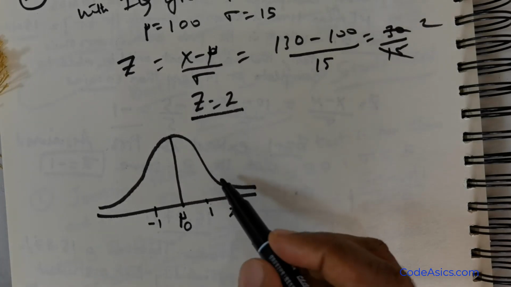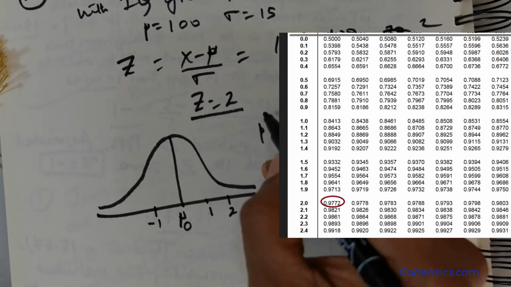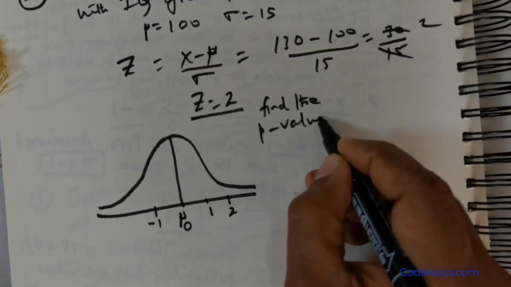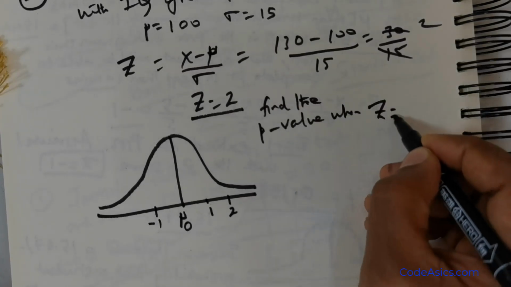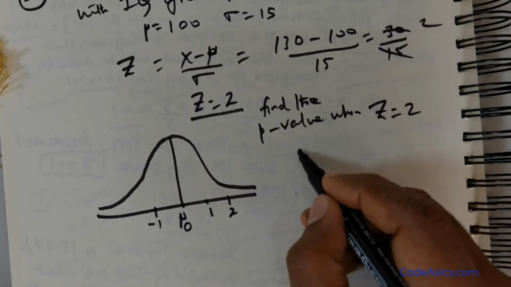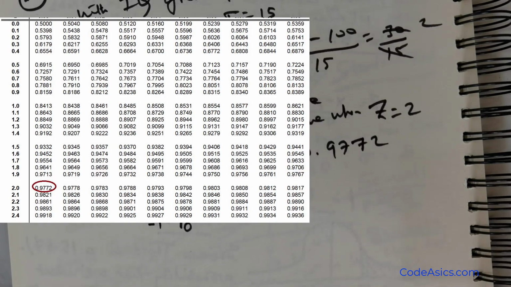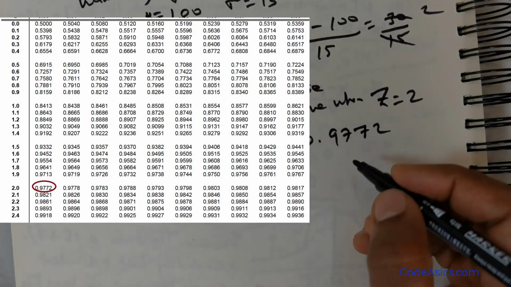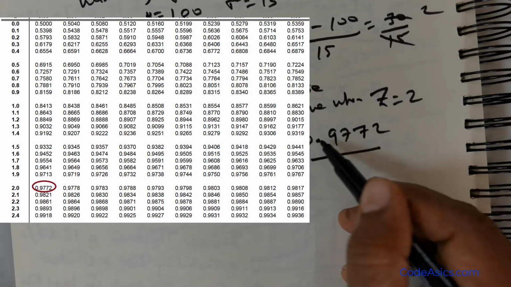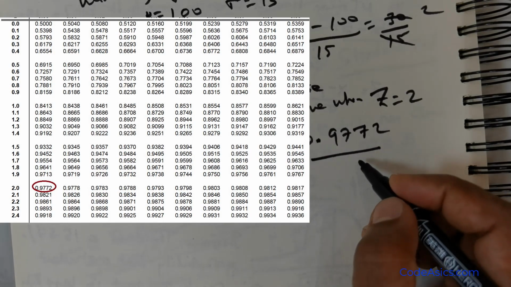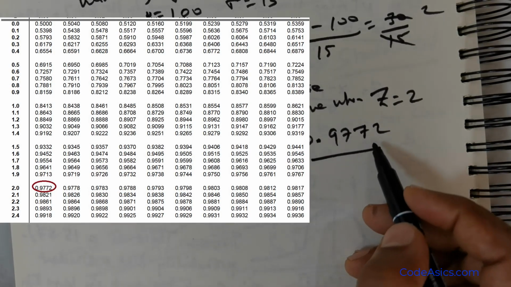Okay, so we need to obtain the p-value. So find the p-value when z is equal to 2, and that is found to be 0.9772. I'll just put this chart on the screen, and I will show you how to extract this p-value. So that would help you a lot.